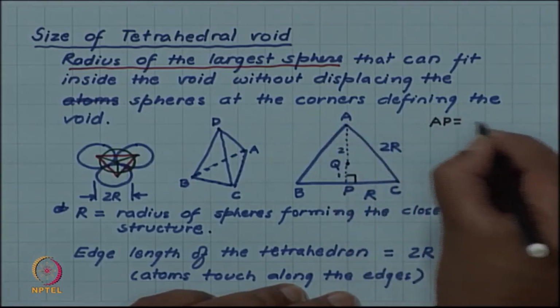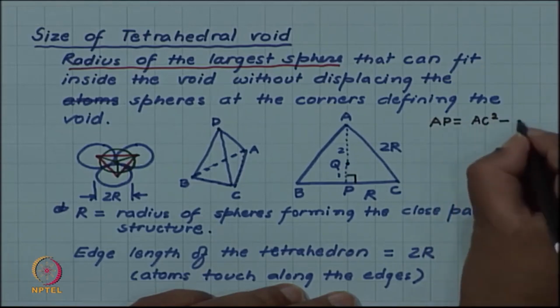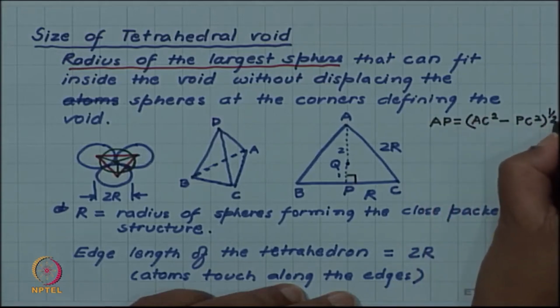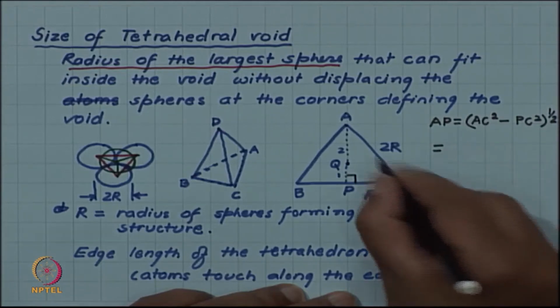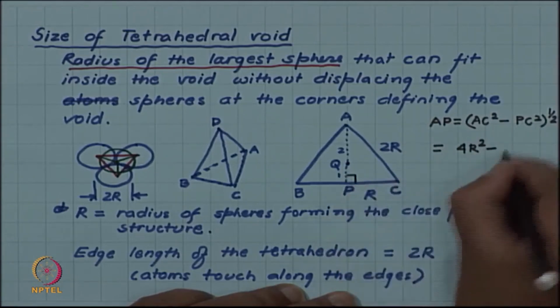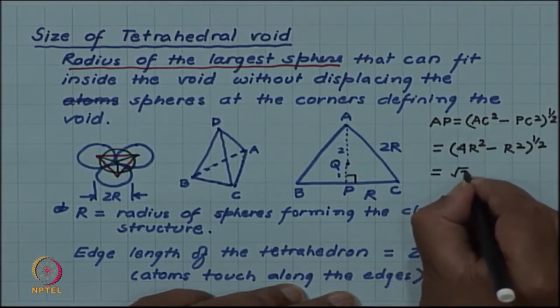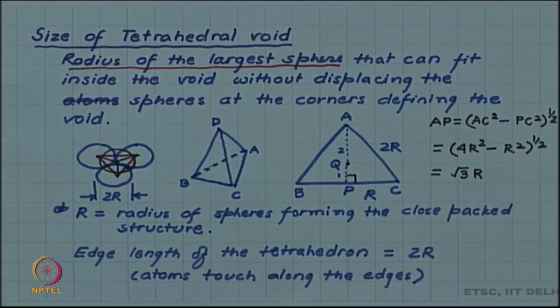By using Pythagoras theorem, AP square will be AC square minus PC square, which of course becomes 4r square minus r square, so AP square is 3r square, which means AP is root 3 r.